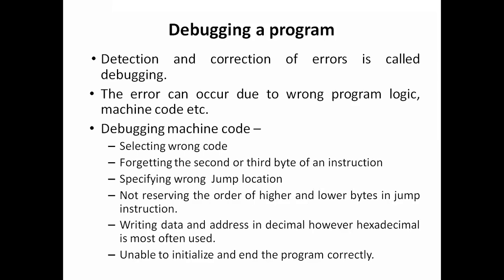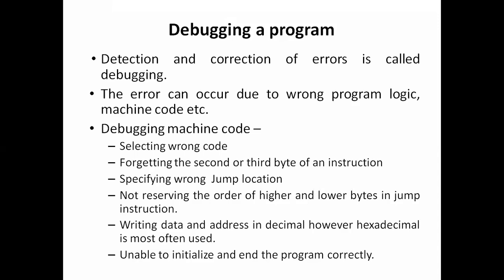As well as you have to end the program correctly, because the ending of the program can be done in many ways. The best way of ending the program is to check the counter. In most of the programs, you have seen that the counter is being checked and then you are skipping or ending your program. So it is necessary that your program should end correctly.